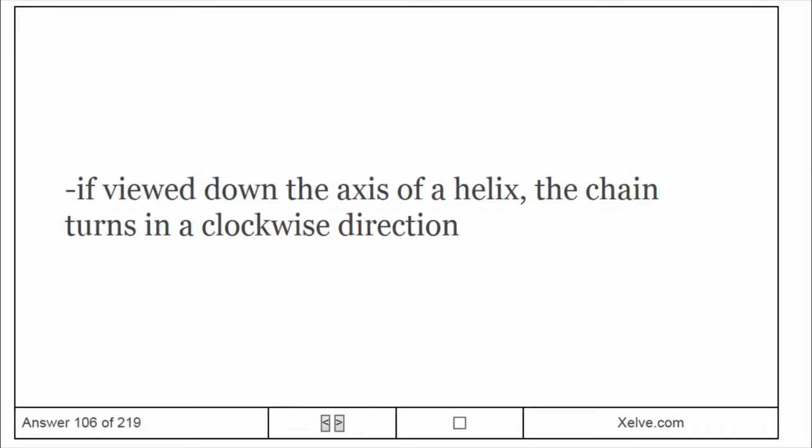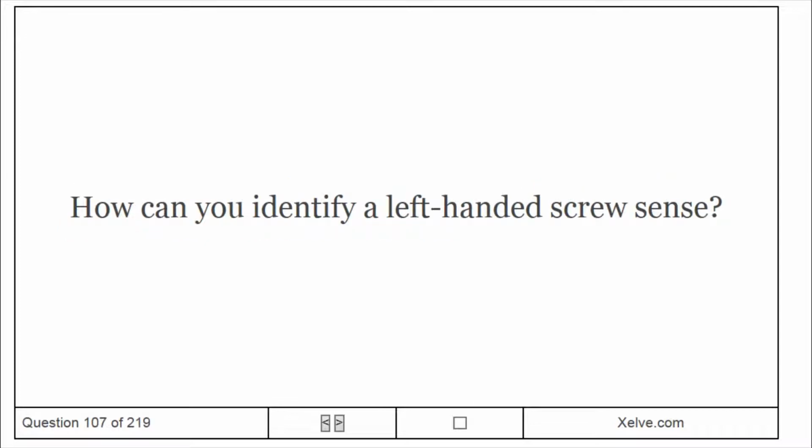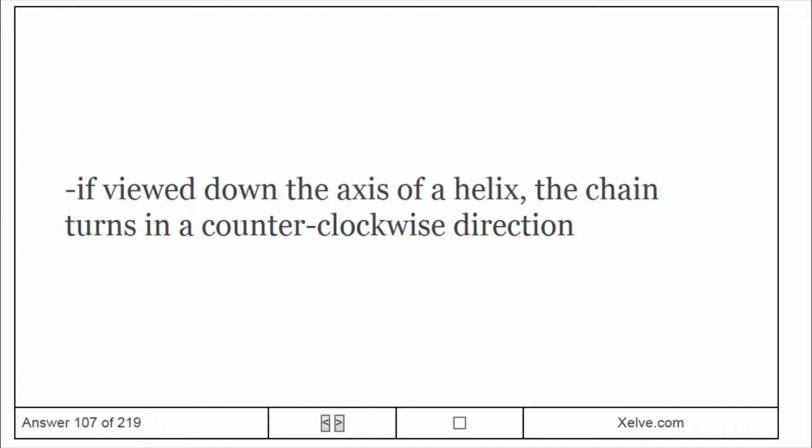If viewed down the axis of a helix, the chain turns in a clockwise direction. How can you identify a left-handed screw sense? If viewed down the axis of a helix, the chain turns in a counterclockwise direction.